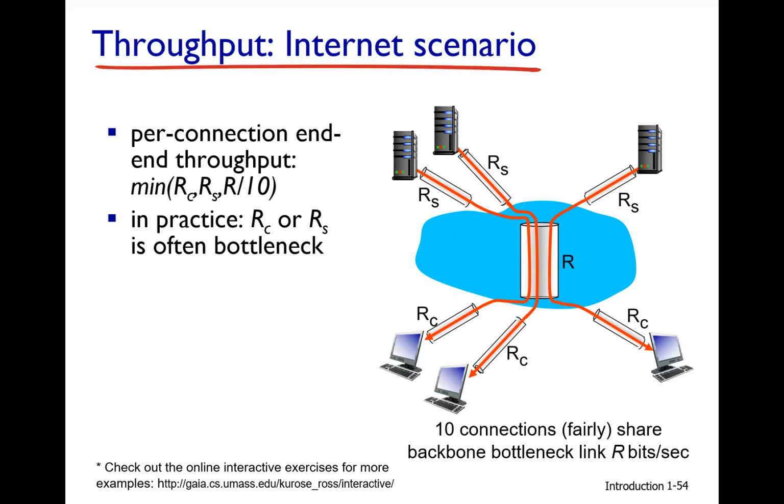And at the other end of the network, the server may also have a limiting throughput, Rs here. In practice, the bottleneck usually doesn't happen at the core of the network because it generally has higher capacity and more availability, although it is shared. It's the larger pipe, if you will. In comparison, the access network is usually where the bottlenecks come from.